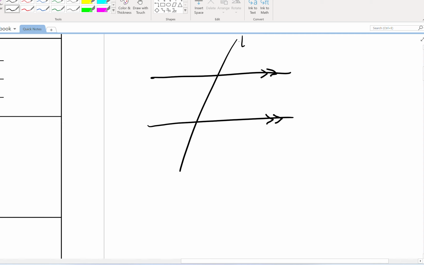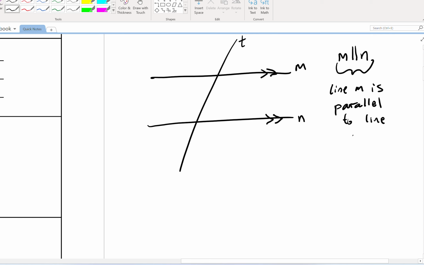This is called a transversal, so we might call it lowercase t. Let's say M here and N. So I may say M is parallel to N. This is what this means: line M is parallel to line N.